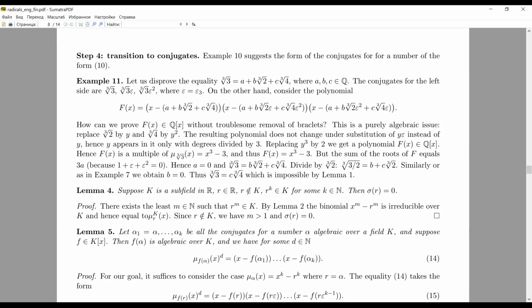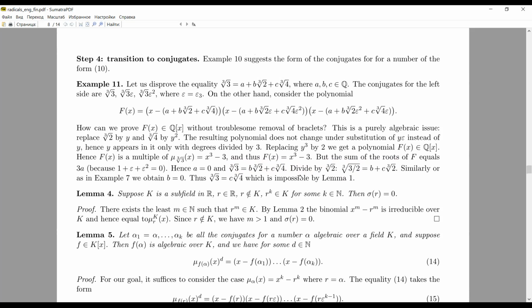The second one, yes, this one, we divided by the cubic root of 2 and get this equality, and we can get a contradiction in a similar way as we did in, for example, 7. We obtained that b equals 0, and now this equality is impossible by lemma 1. So this example hints how to find conjugates to every polynomial of given algebraic numbers.